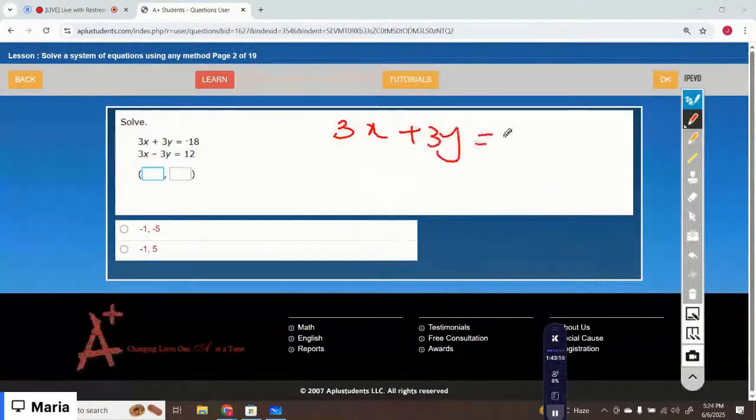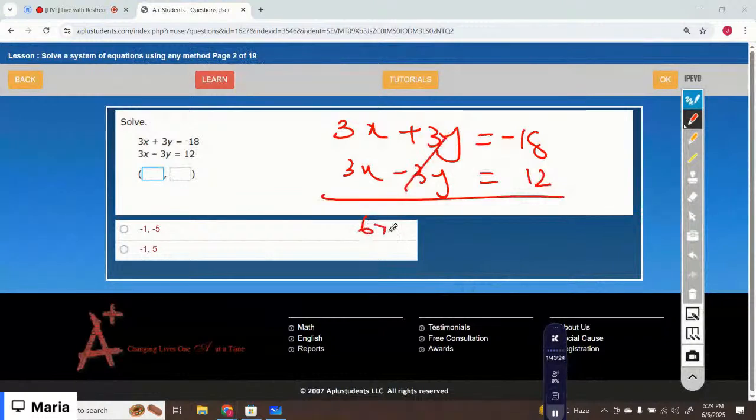2x plus 3y equals negative 8. 3x minus 3y equals 12. So that is 5x equals negative 5, so x equals negative 1.